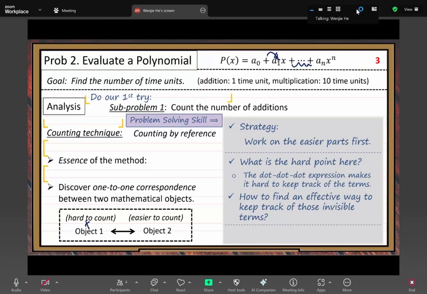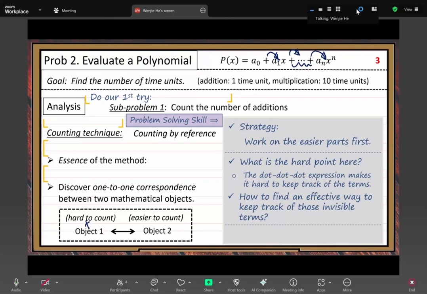Subscript is another mathematical object. So the first plus sign corresponds to the subscript of A1, the second plus sign corresponds to the subscript of A2, and the last plus sign corresponds to the subscript of An, A sub n.